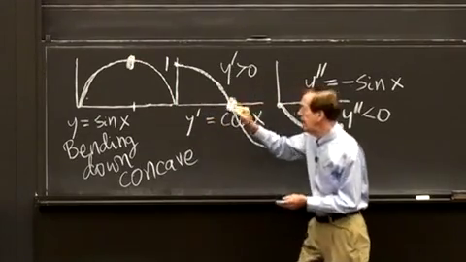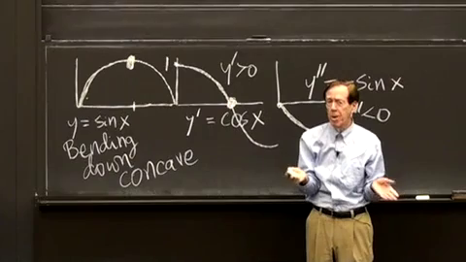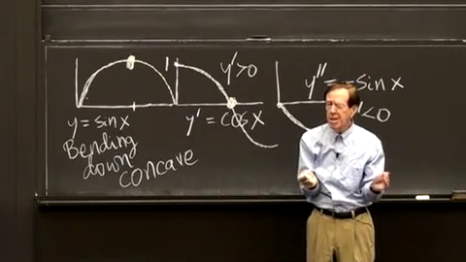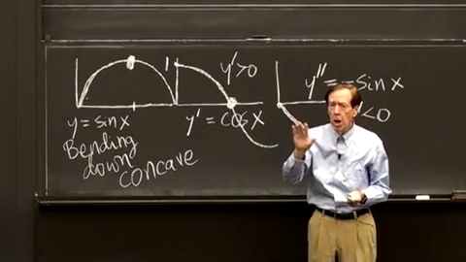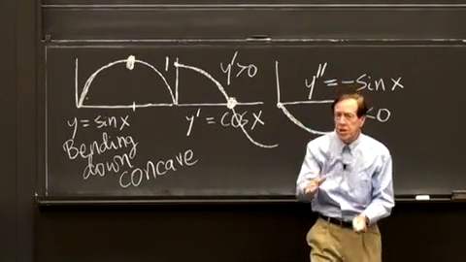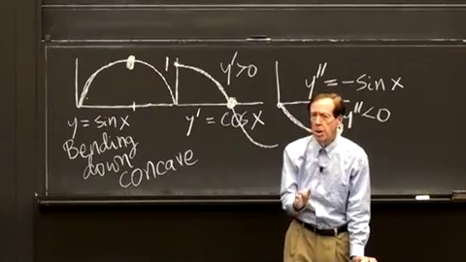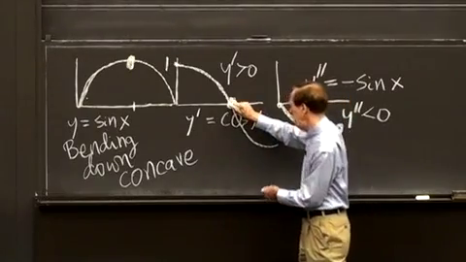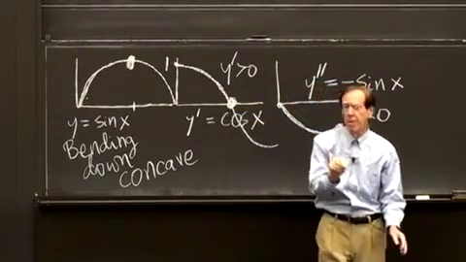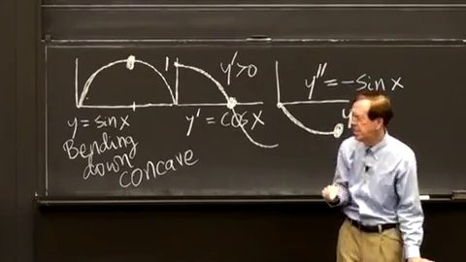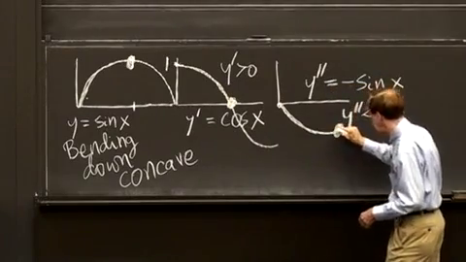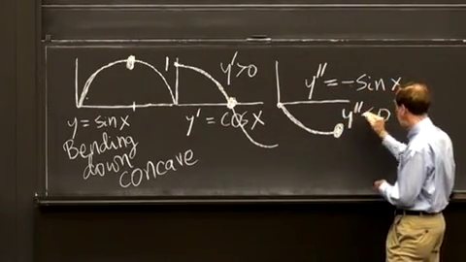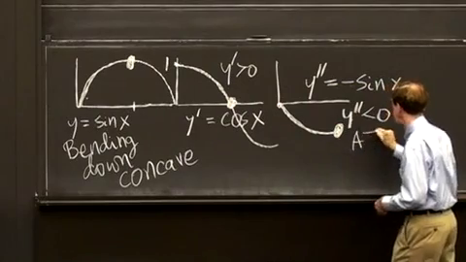At that point, when it hits its maximum, what's its slope? When you hit a maximum, you're not going up anymore. You haven't started down. The slope is 0, right there. What's the second derivative? What's the bending at a maximum? The bending tells you that the slope is going down, so the bending is negative. The bending is negative at a maximum.